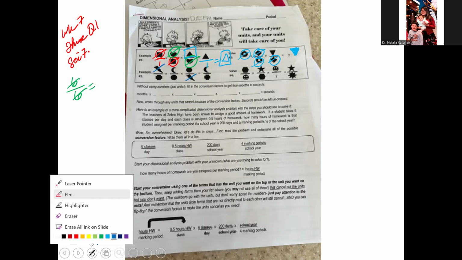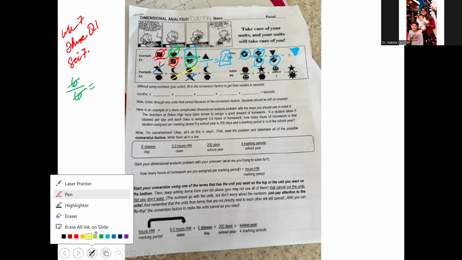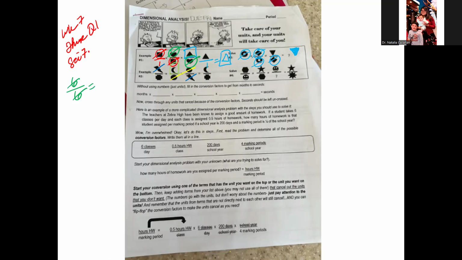Lightning bolt cancels a lightning bolt. Circle cancels with circle, so then what's left? Crescent and plus sign, right? So what do you think goes in the question mark? The star? Yeah. So just draw that right there.